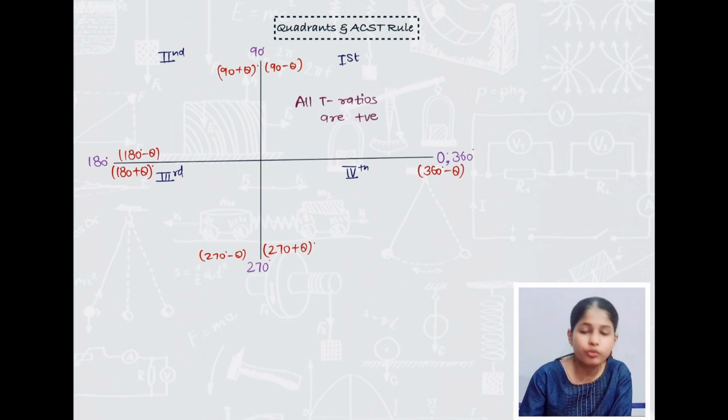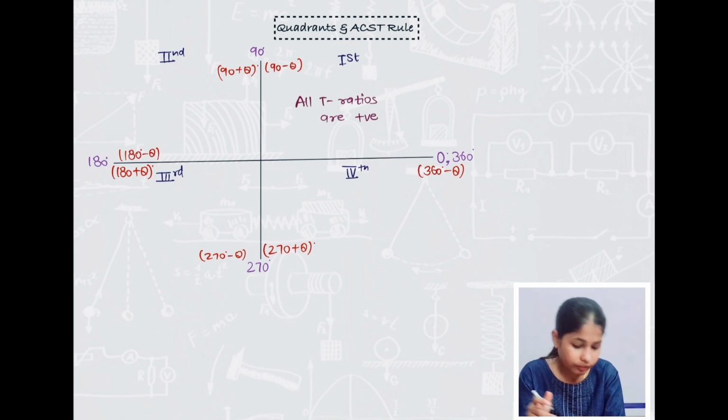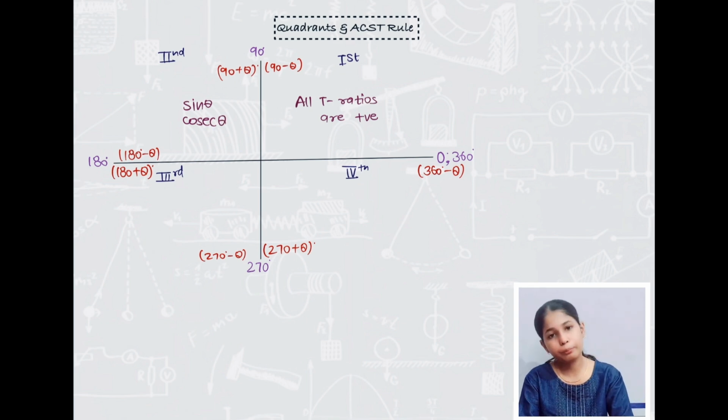Actually in the second, third and fourth quadrant, only a few ratios will be allowed to be positive, all others will be negative. Like in the second quadrant, only sine theta and cosec theta will be positive.